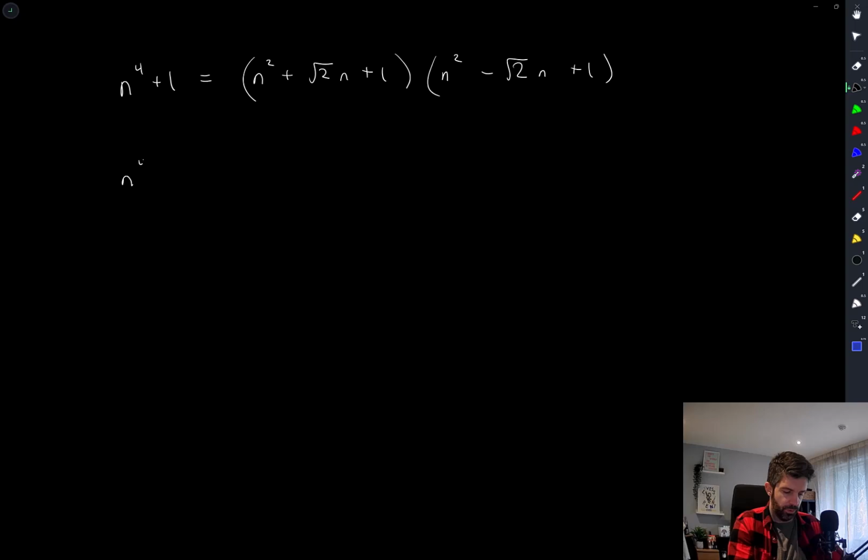Well, n to the 4 plus 4, I want to write this as, of course, n to the 4 plus 2 squared. And hopefully we can write it kind of like that.